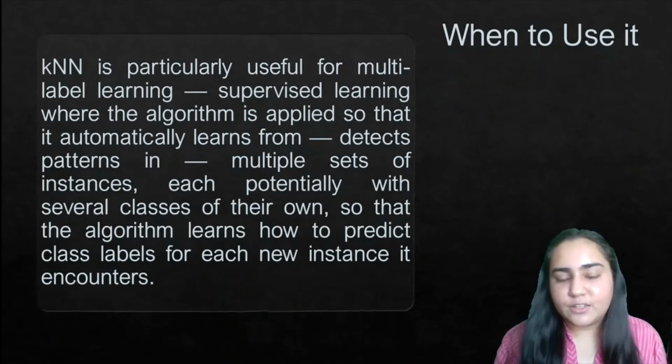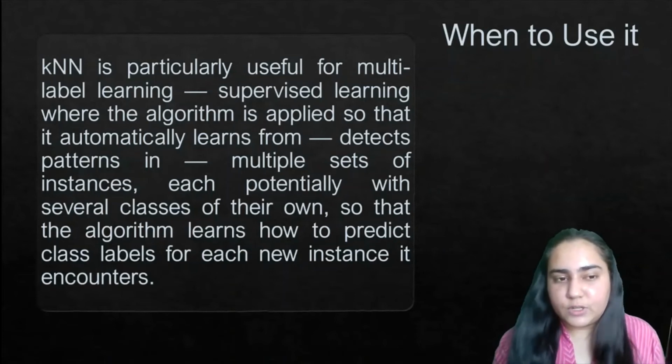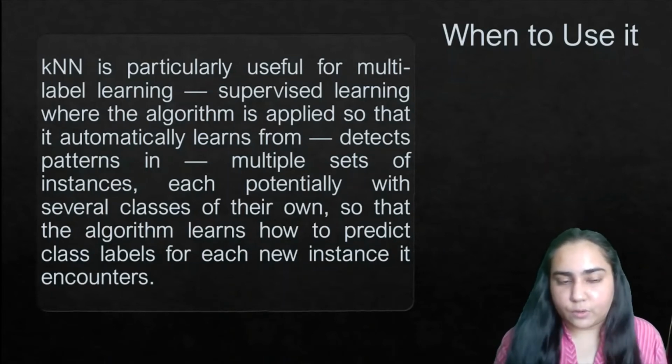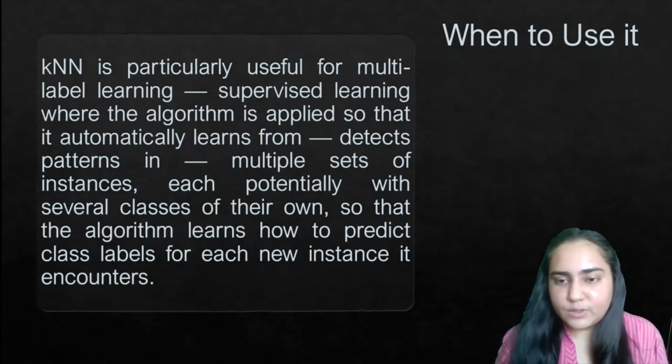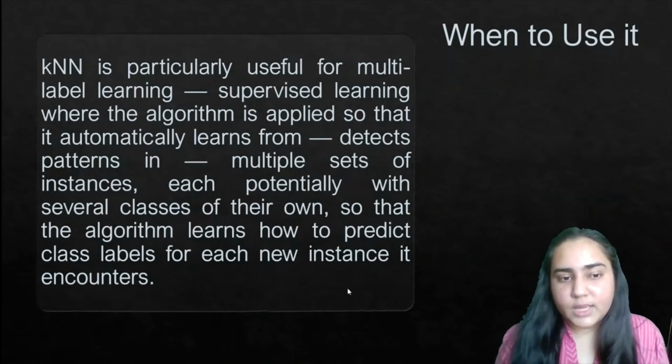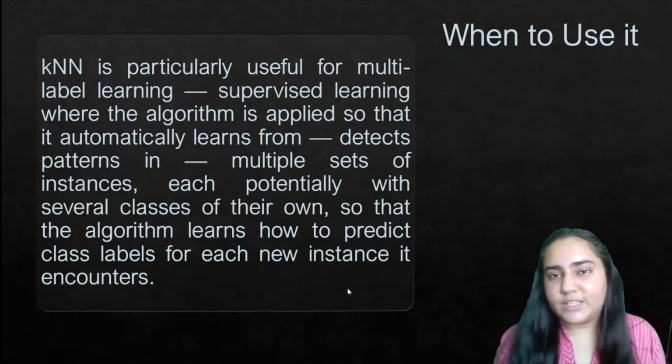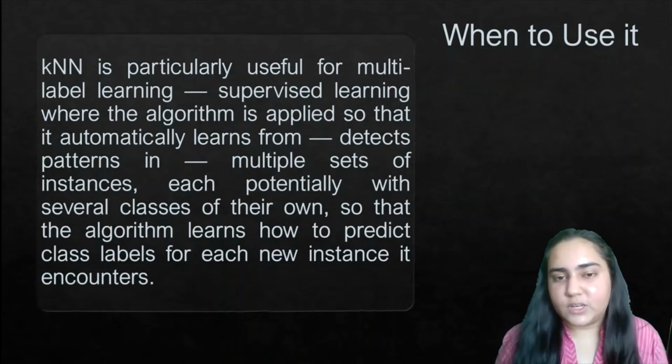So it's going to detect patterns in multiple sets of instances, each potentially with several classes of their own, so that the algorithm learns how to predict class labels for each new instance it encounters. Unlike the clustering algorithms that we saw, kNN is not that type of algorithm. It needs to perform supervised learning. You have to provide a data set that is completely labeled.